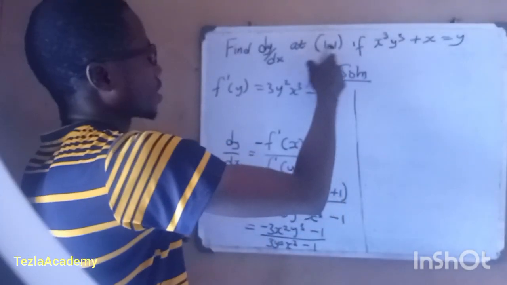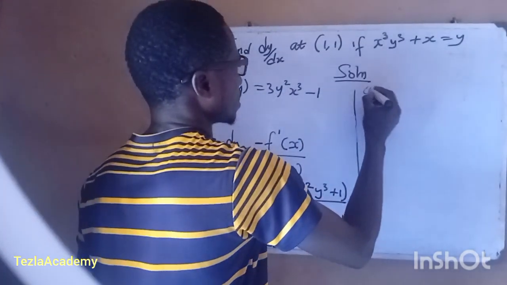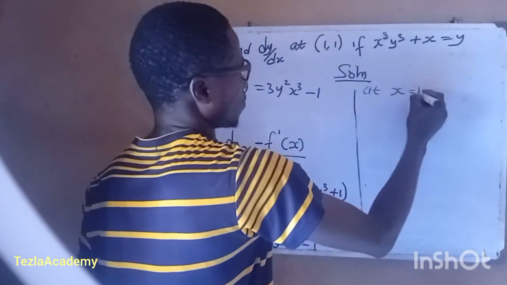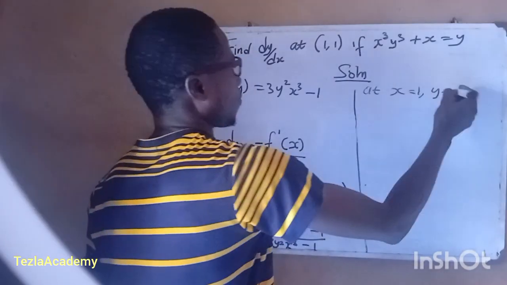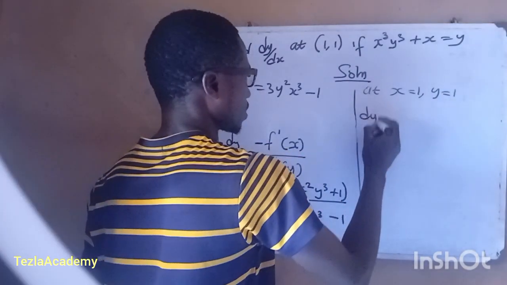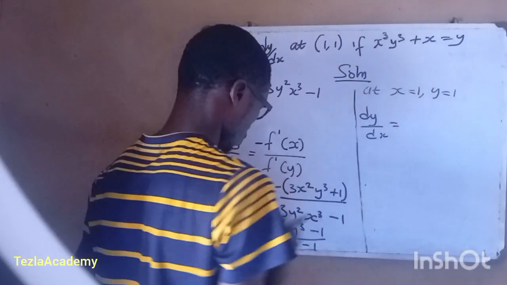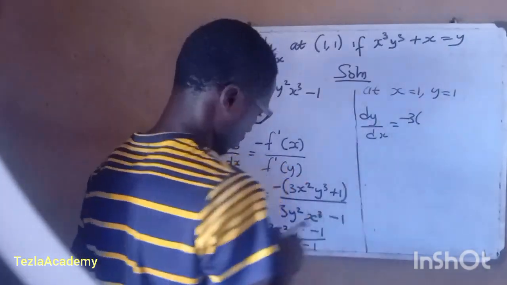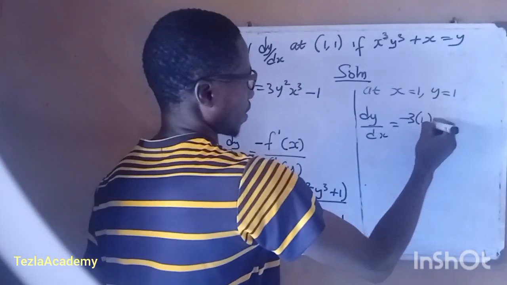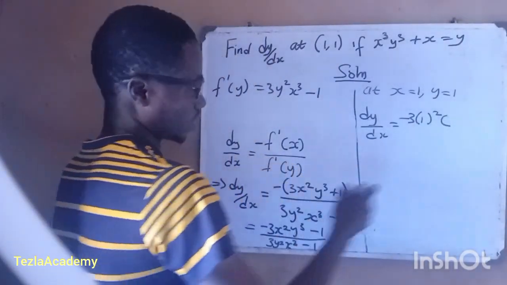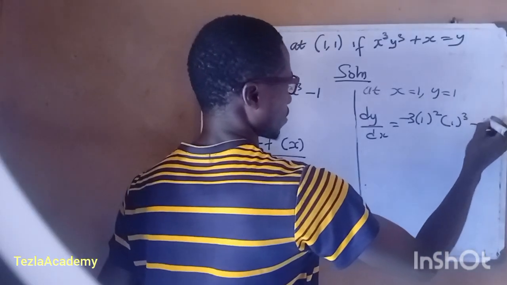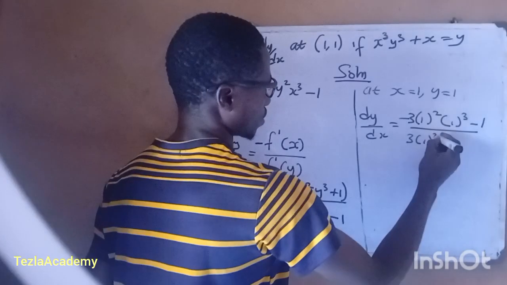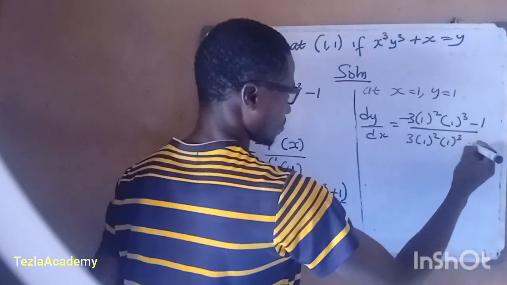So we're not done yet, we want to find this. So at s equals 1 and y equals 1, our dy/ds is equal to, from here now, minus 3 brackets, s is 1 squared, then y is also 1 cubed, minus 1, all over 3 brackets, 1 squared, 1 cubed, minus 1.